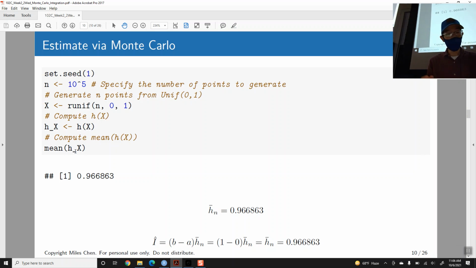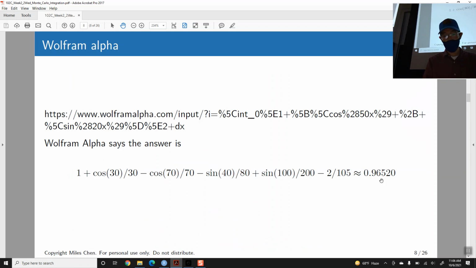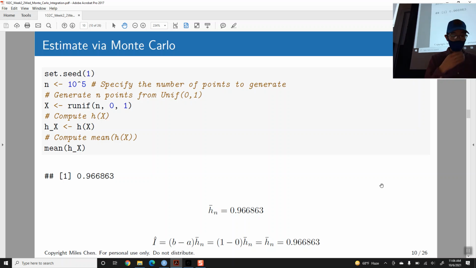Then we compute the mean of all of those values, and we get 0.966863, which is close to the theoretical value 0.96520. That's the average value. Then to get the area of the integral, we multiply that average value by the width of the interval. In our case, the width of the interval is just 1, so our estimate of the integral ends up being 0.966863 as well.